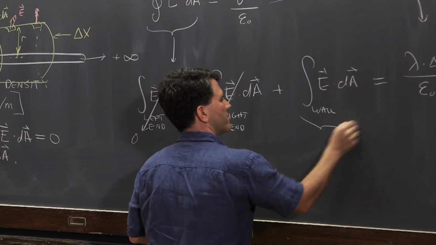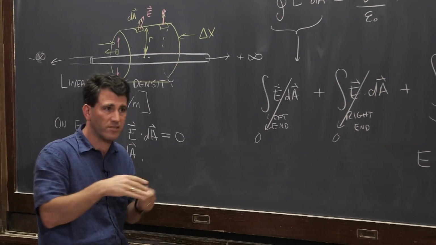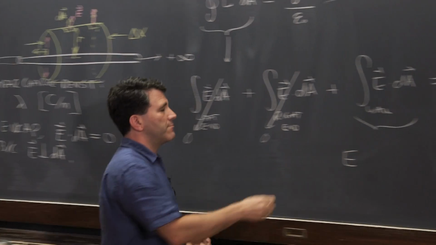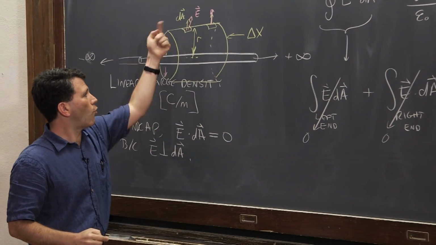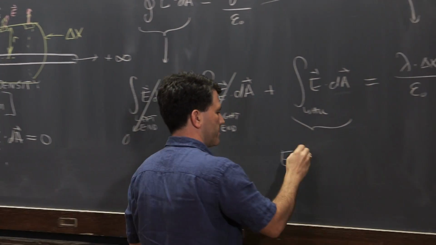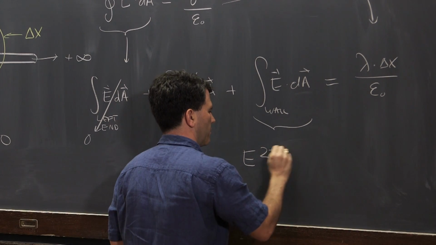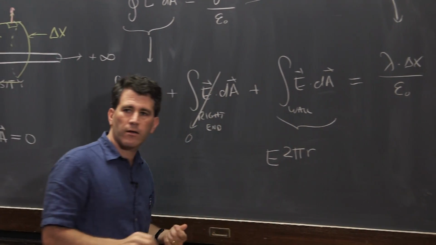We're going to evaluate this integral here. It's going to be the magnitude of the electric field, which we're able to pull out of the integral because it's constant over the whole surface, times the total surface area of the wall of this cylinder. And we all know what that is. That's basically the circumference of the cylinder, so that's 2 pi little r.